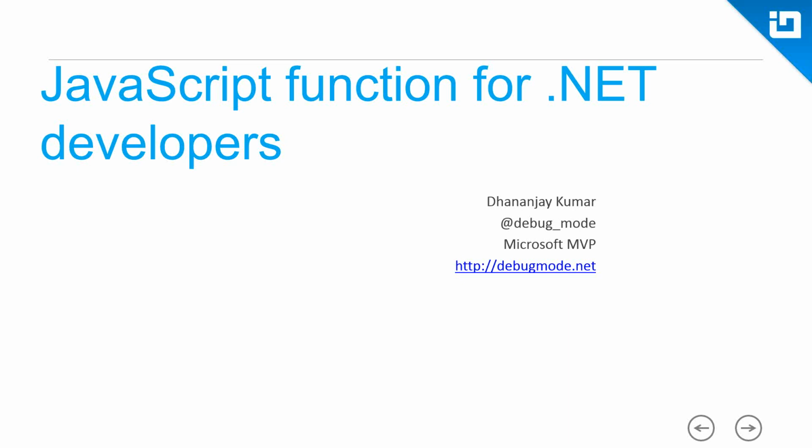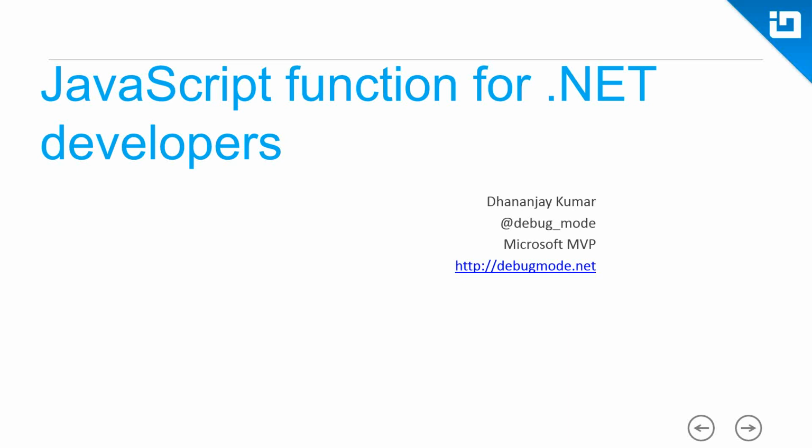Great. So people who are coming from the object-oriented programming language background have a different way of solving the problem, right? JavaScript is not an object-oriented language. JavaScript is a prototype-based language.